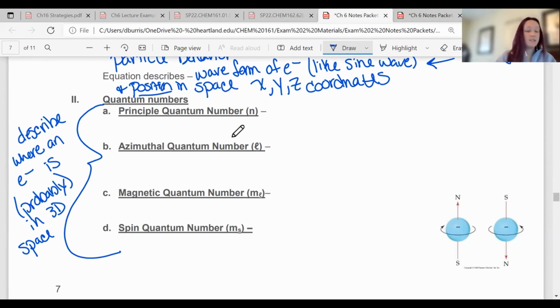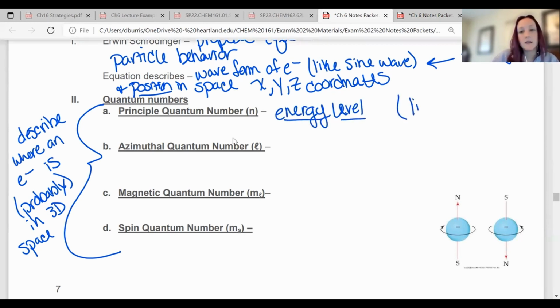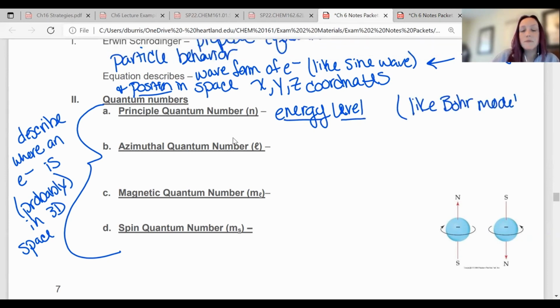So there's the principal quantum number. This one's pretty easy. This is the energy level, or that N that Bohr was talking about, that an electron is in. So the principal quantum number, N, is the energy level. This is like from the Bohr model. We've really only gotten up to 1 through 7 energy levels on all the atoms that we have created.